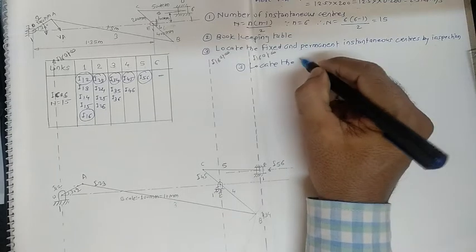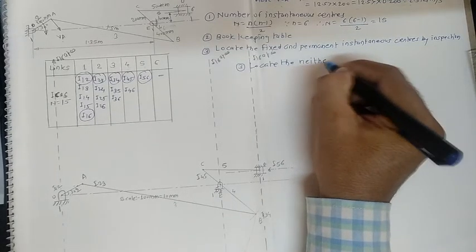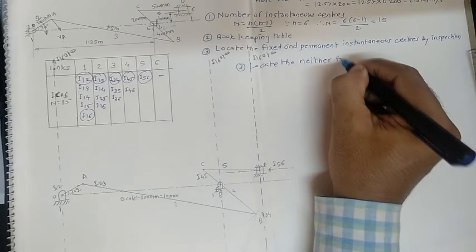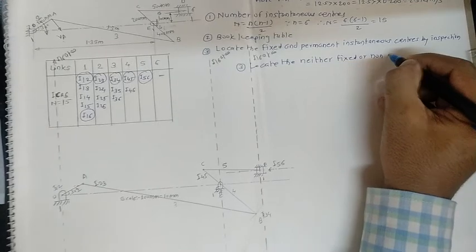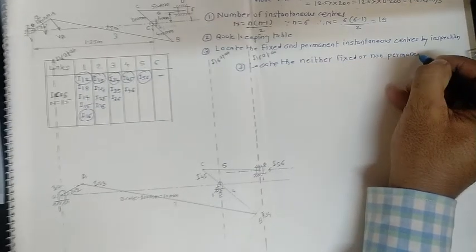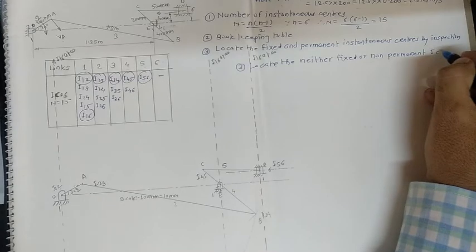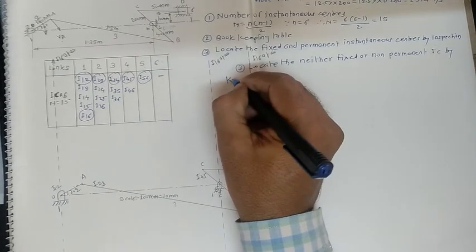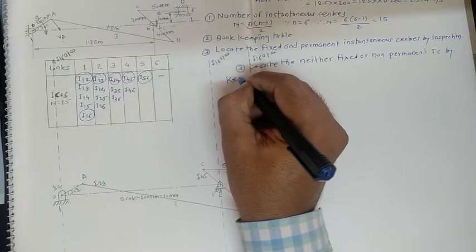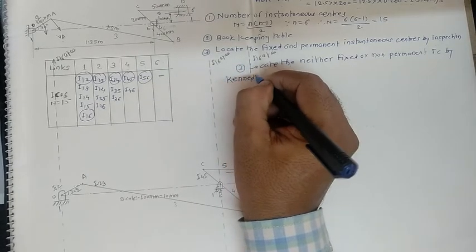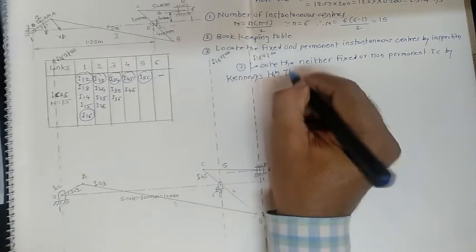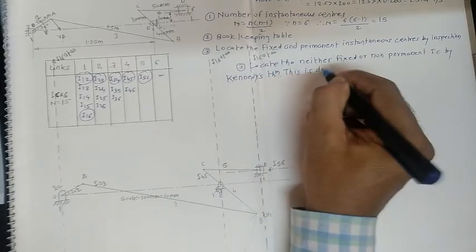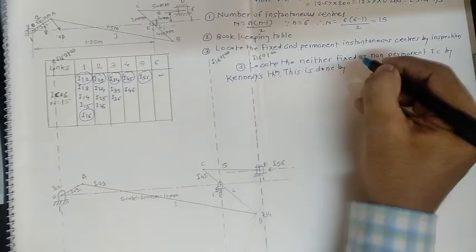Locate the neither fixed nor permanent instantaneous centers by Kennedy's theorem. This is done by circle diagram.